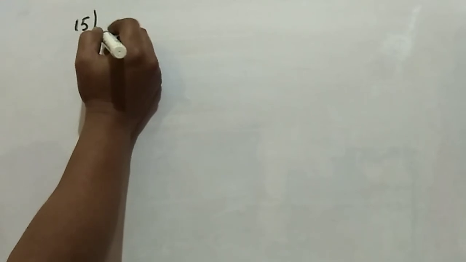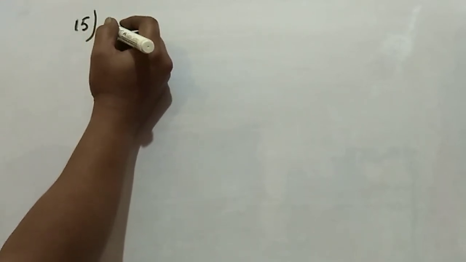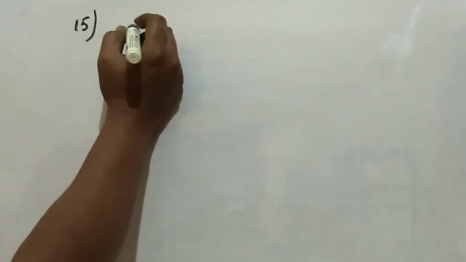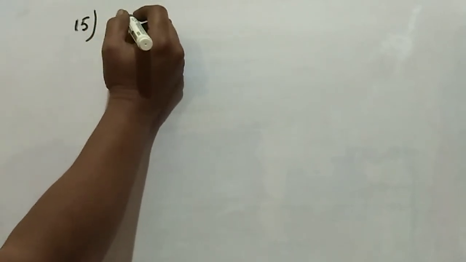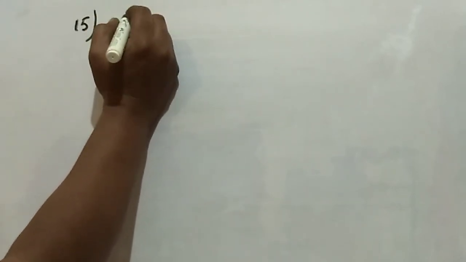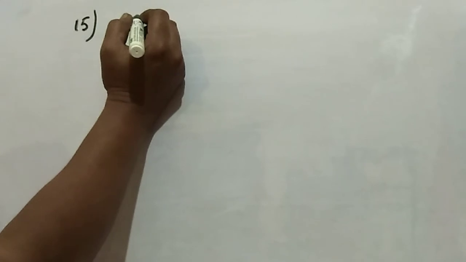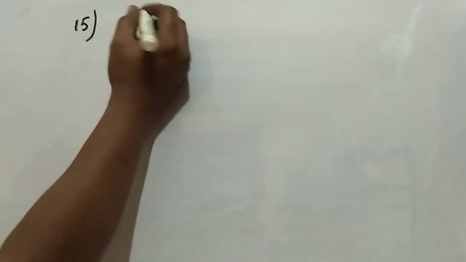See question number 15. Find the third proportional to x upon y plus y upon x and under root x square plus y square.